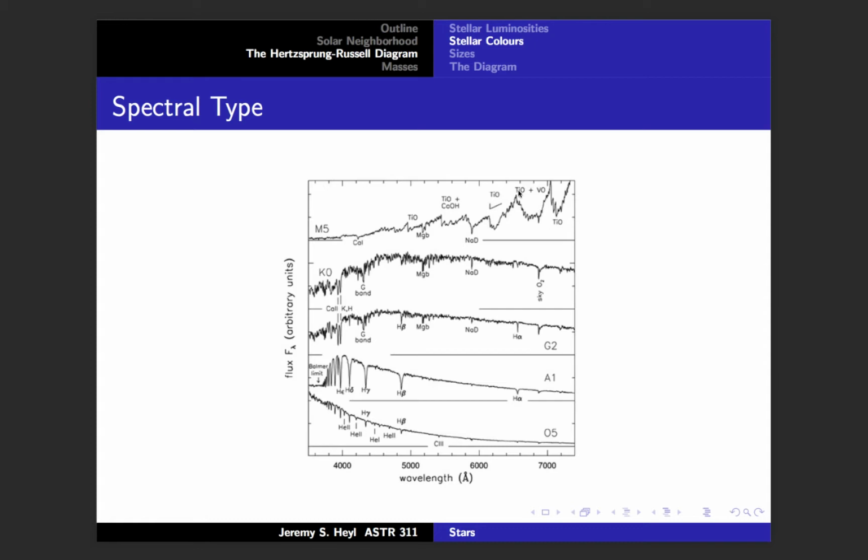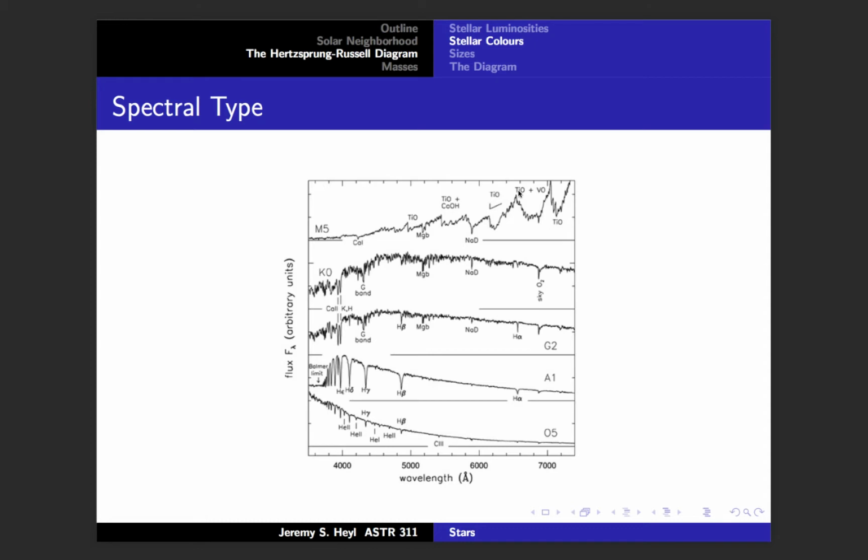And what are these things? Titanium oxide, it turns out, is what makes the paint white. It's just a common, titanium is relatively common, oxygen is relatively common. In a star, they get together and they make a molecule that creates all of those features.